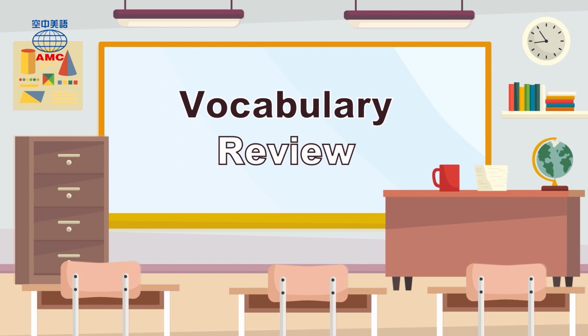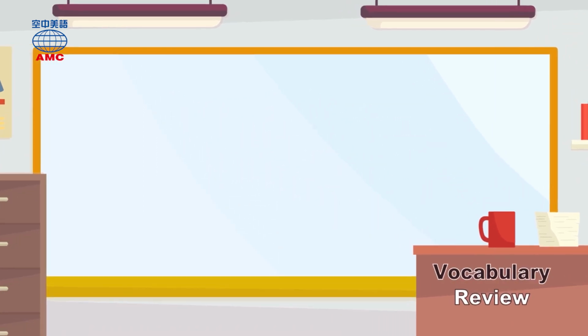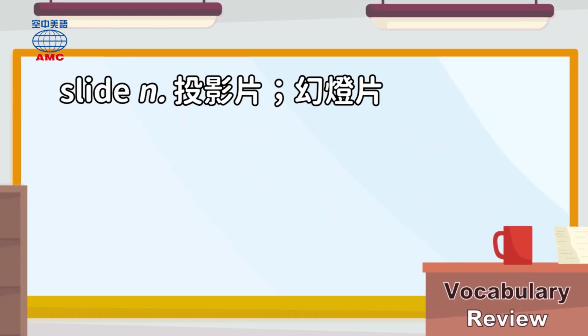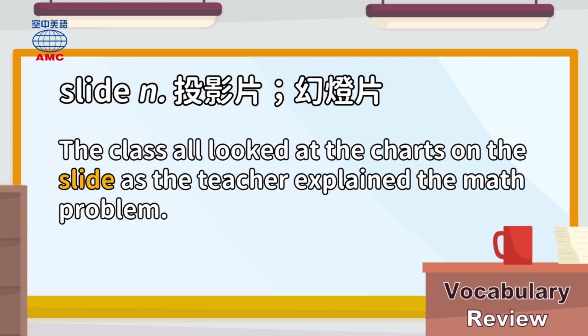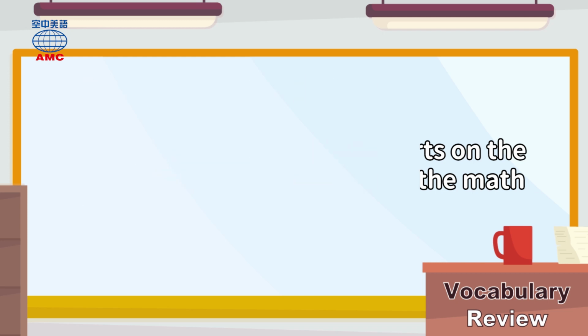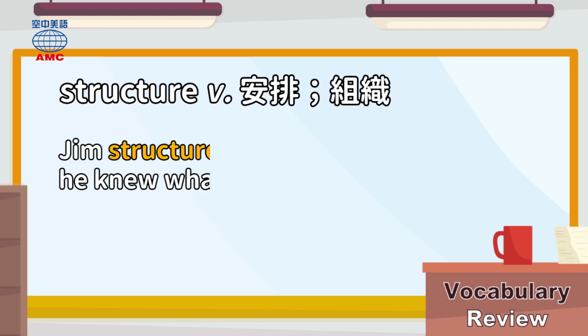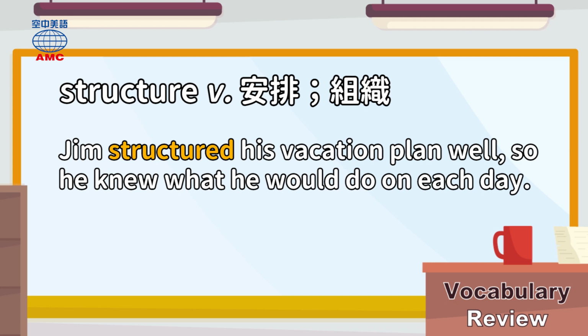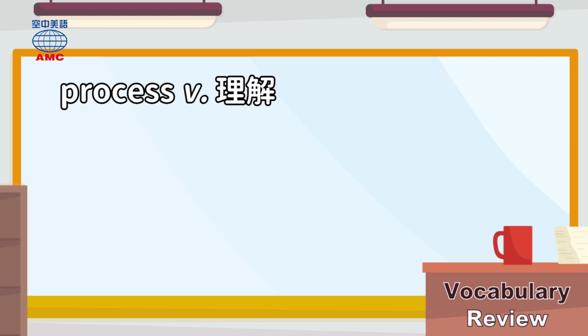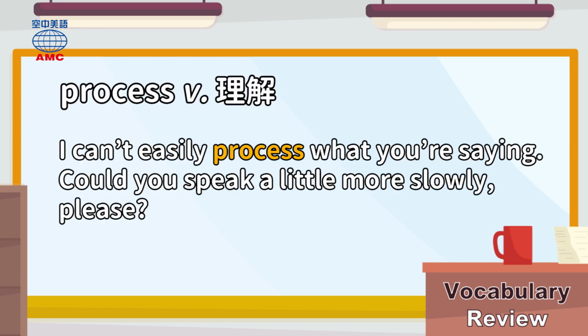Vocabulary Review. Slide. The class all looked at the charts on the slide as the teacher explained the math problem. Structure. Jim structured his vacation plan well, so he knew what he would do on each day. Process. I can't easily process what you're saying. Could you speak a little more slowly, please?